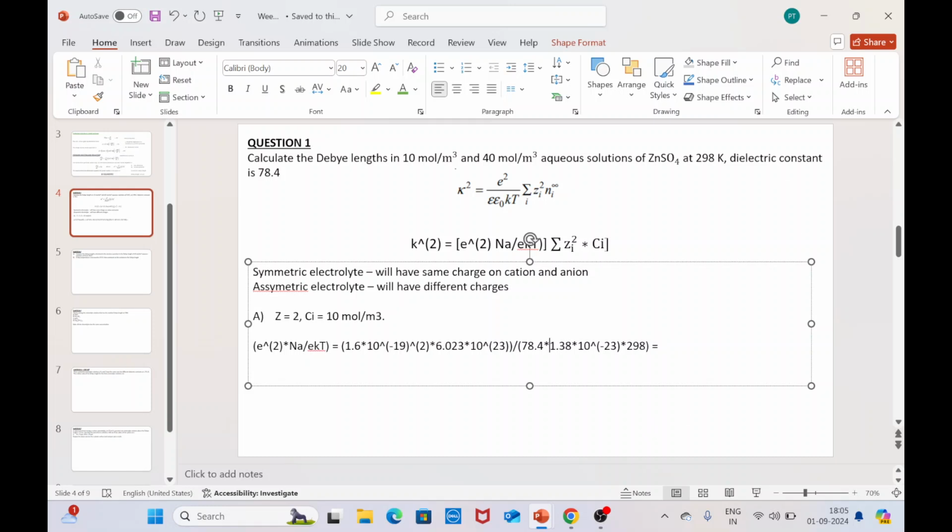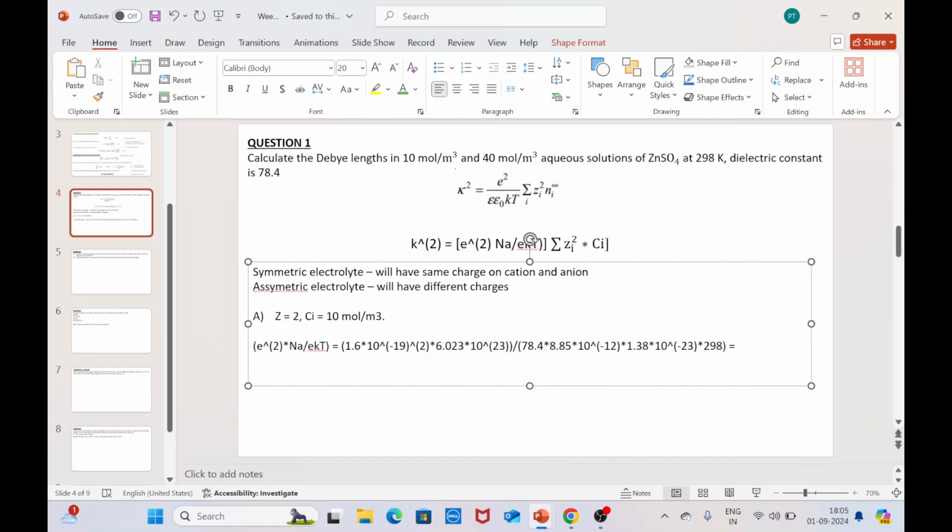Here we forgot one term. Dielectric constant is 78.4, so we need to multiply the value of epsilon naught also, that is 8.85 times 10 to the power minus 12, and the units are coulomb square per Newton meter square.